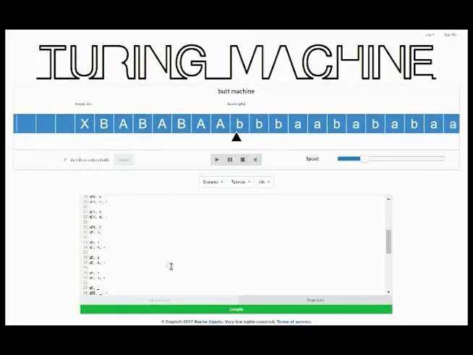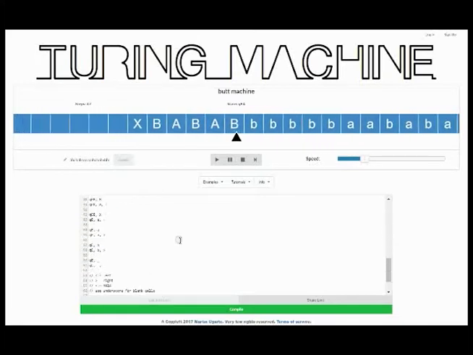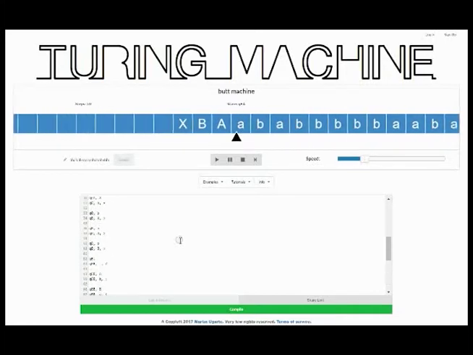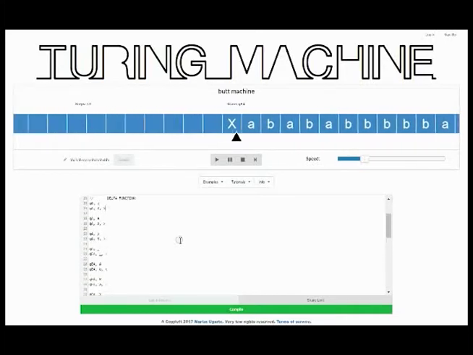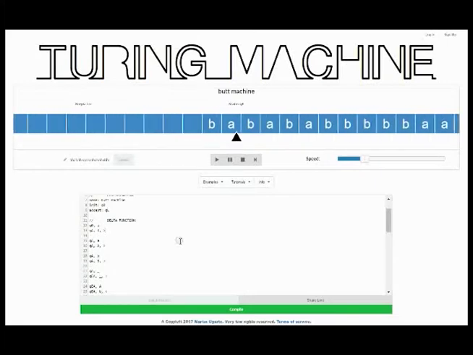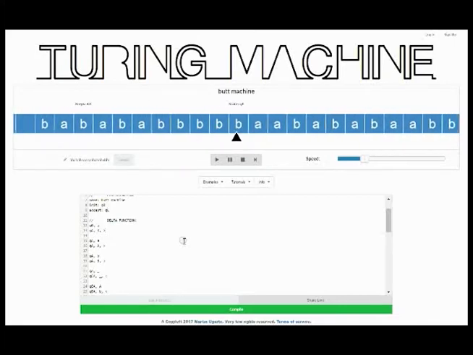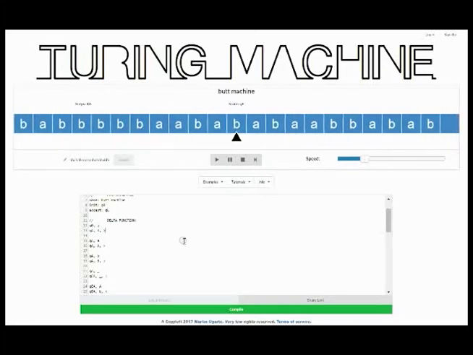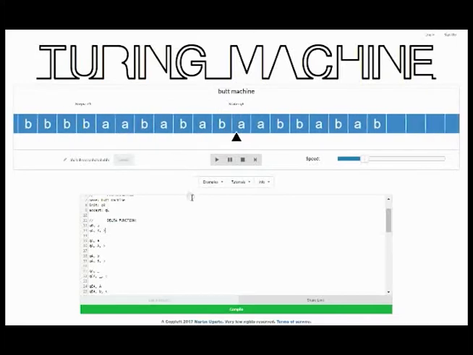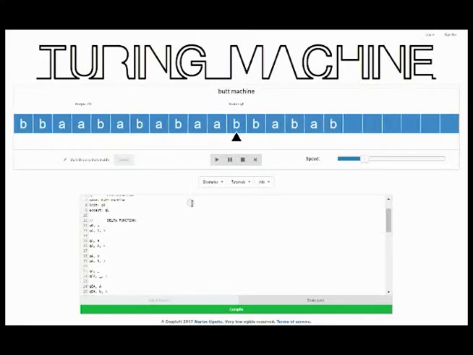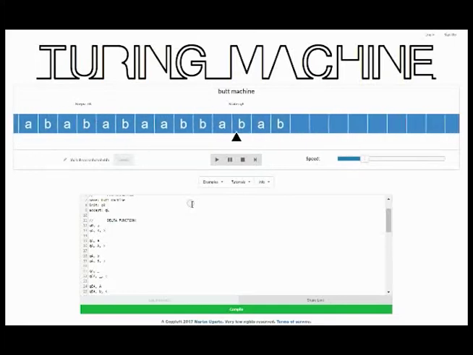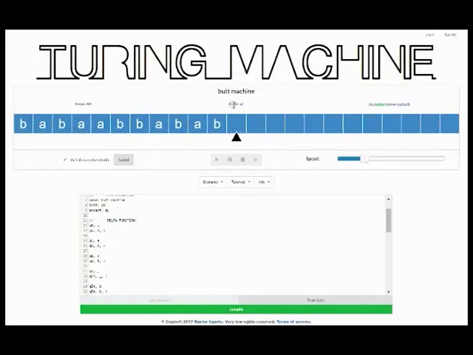And when in state QA and state QB, if it encounters a space or the end of the string, it will transition to state QEA from state QA, and from state QB it would transition to state QEB.